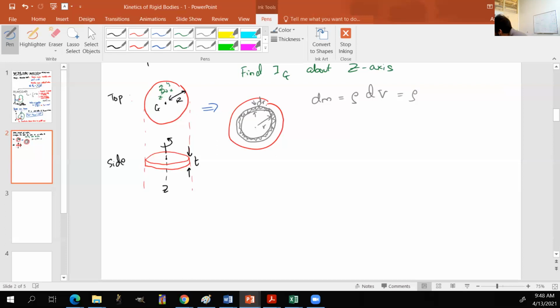So how can I find the volume of this thin sliver? This is a thin disk with a thickness t, at a distance r, with this thin sliver with a thickness of dr, what's the volume going to be?